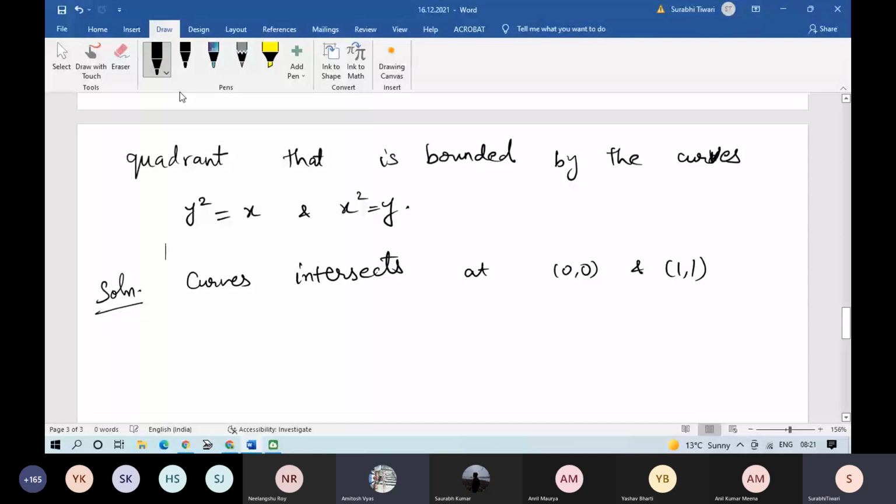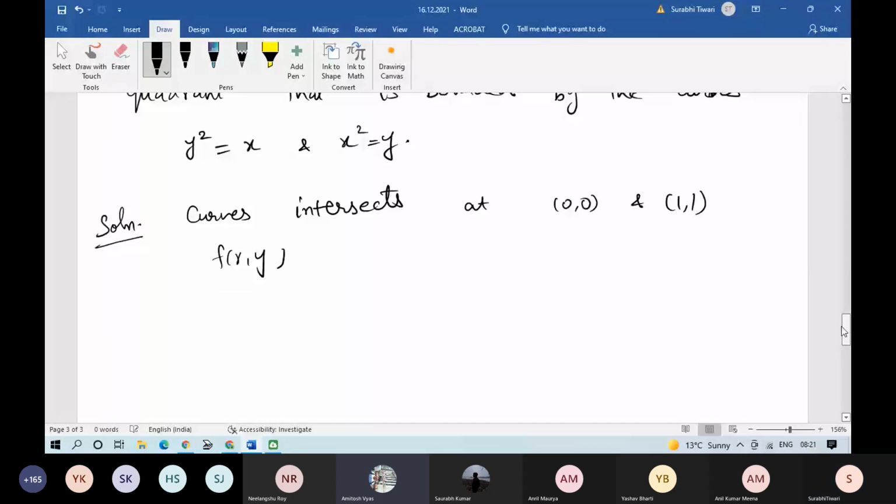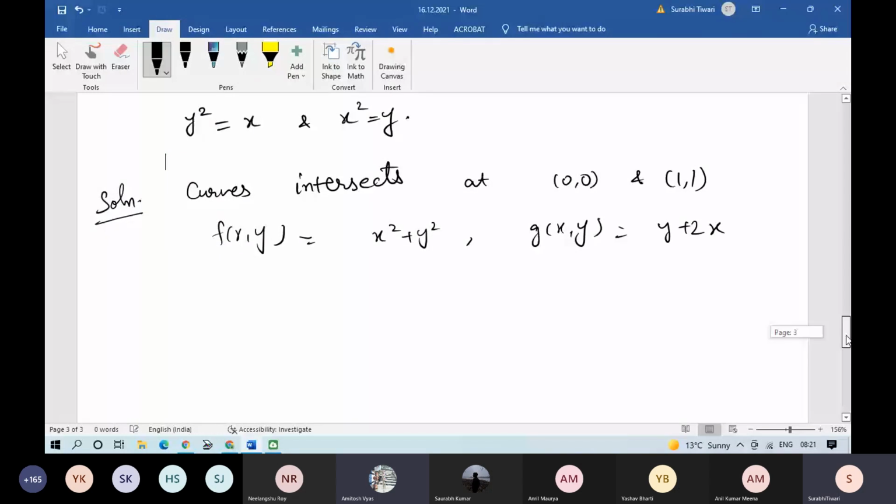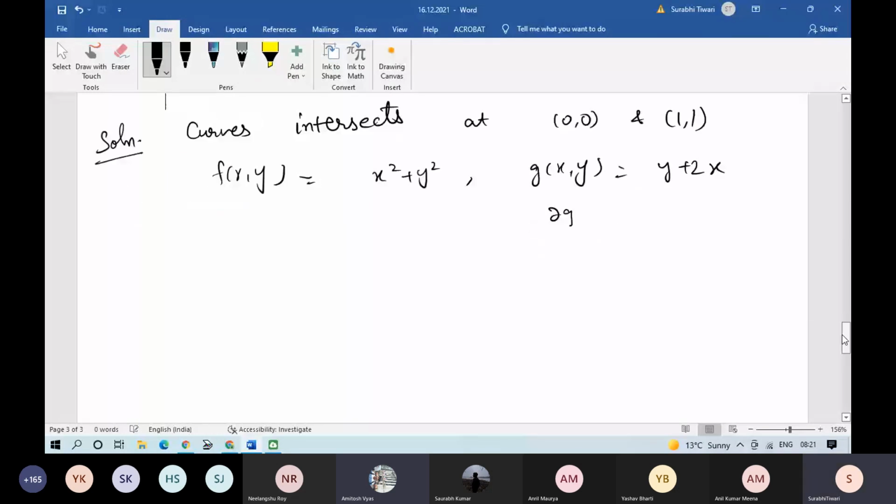Now what is the value of f(x,y)? This is x square plus y square, and the value of g(x,y) is y plus 2x. So you can calculate del g by del x and del f by del y. Del g by del x is equal to 2, and del f by del y is equal to 2y.